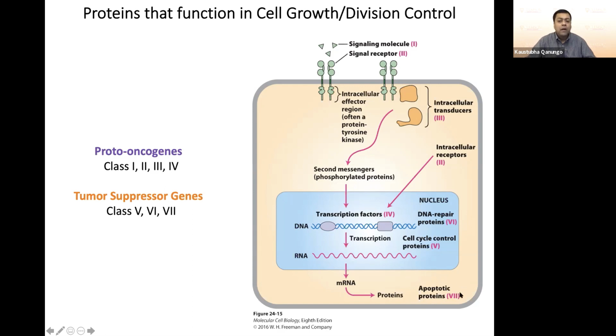So loss of function of these class 7 apoptotic proteins will also cause cancer. It means that when the cell needs to be killed by the apoptotic protein, the mutation is not allowing the cell to be killed, and that can become a cancerous cell. So that's your loss of function.